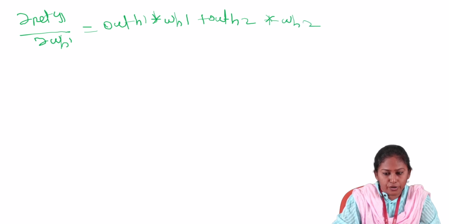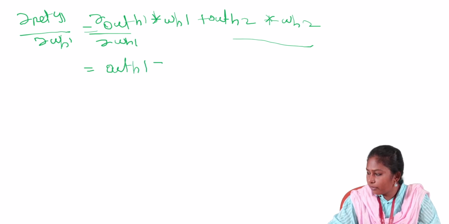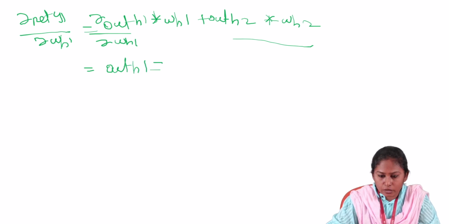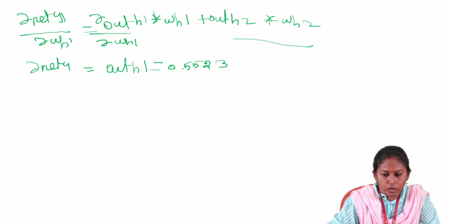Now differentiate this with respect to wh1. As it is wh1, this other part completely becomes constant, so I make it 0. The value will be out h1. The out h1 value we have already calculated, which is 0.5523.